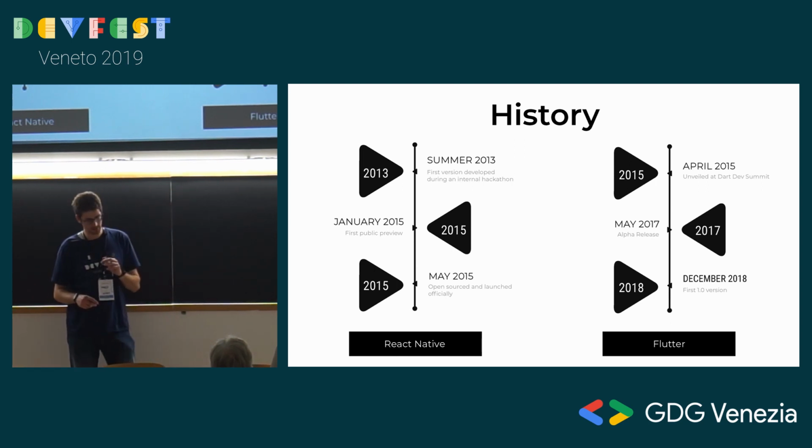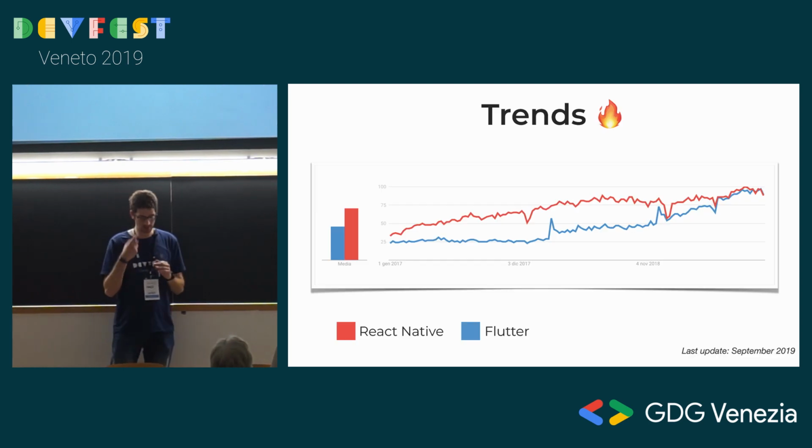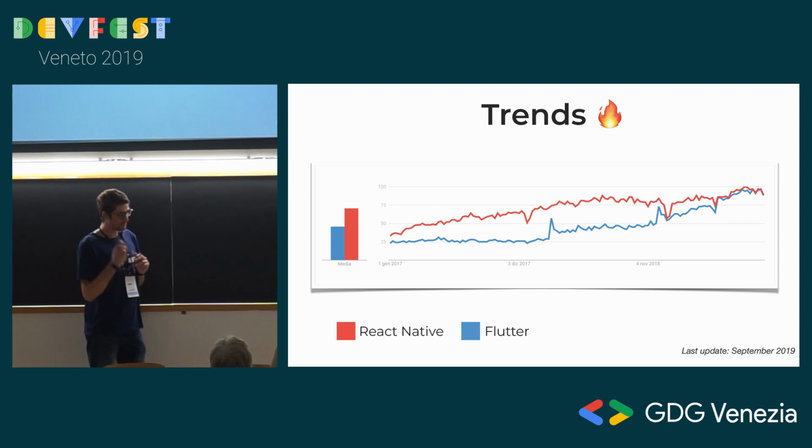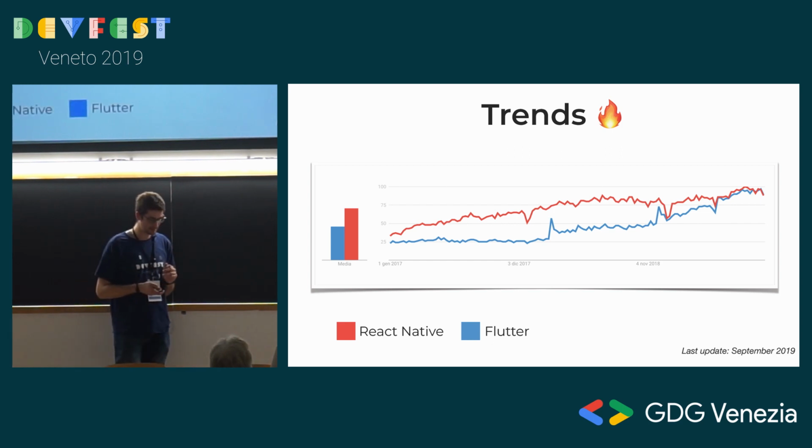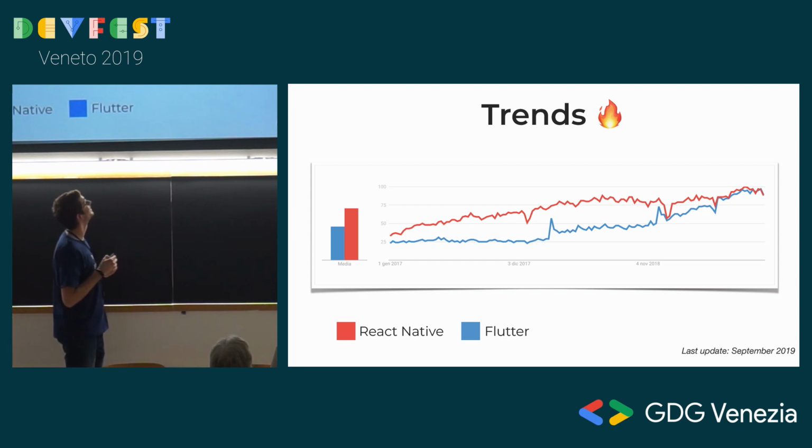Despite its youth, Flutter is gaining lots of fame. These are Google Trends for React Native and Flutter, and as you can see, Flutter is reaching and almost overtaking React Native.